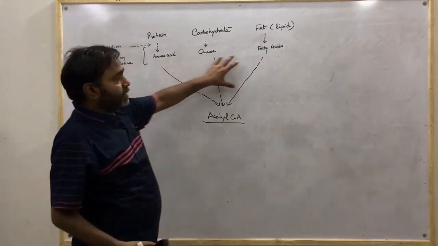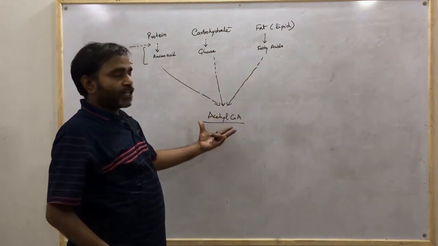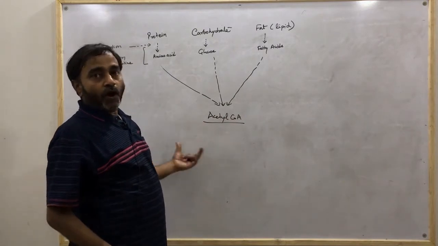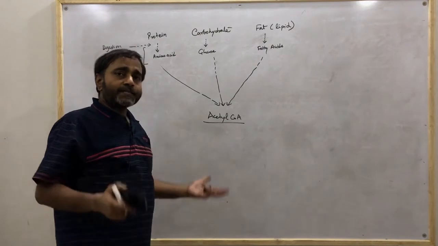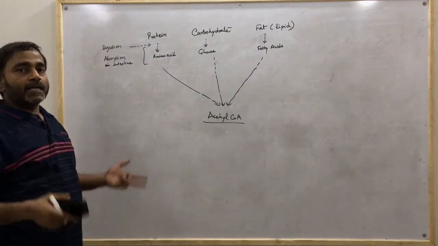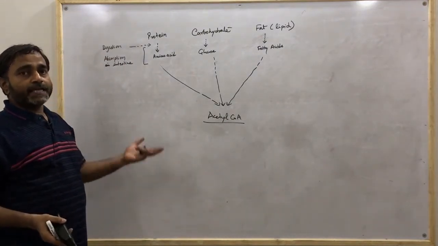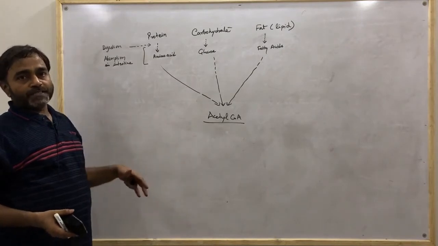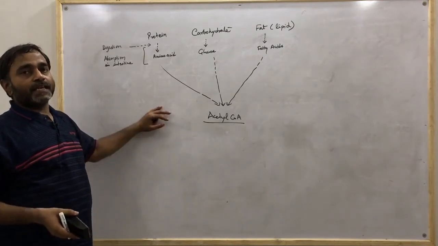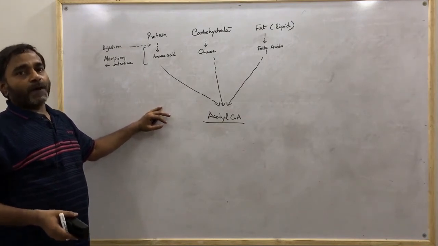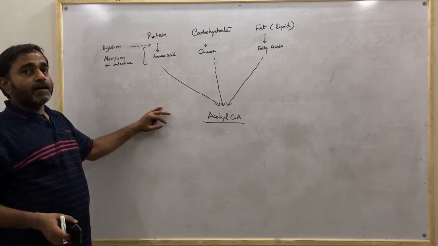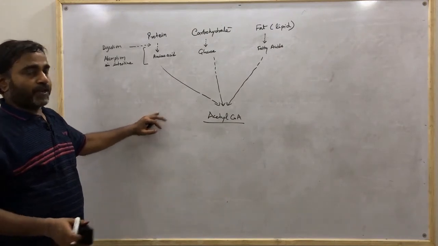So these simpler biomolecules will get changed into acetyl-CoA, and now we will see how acetyl-CoA enters into the Krebs cycle, the different steps involved, and what sort of energy conversion takes place in the Krebs cycle, which occurs in the aerobic pathway, or you can say the aerobic respiration pathway.